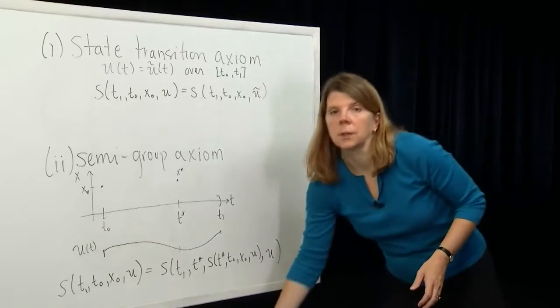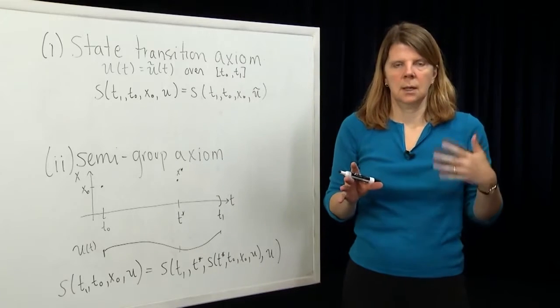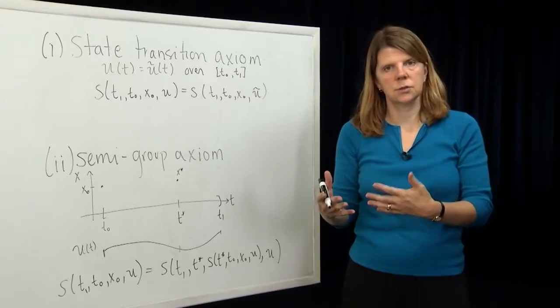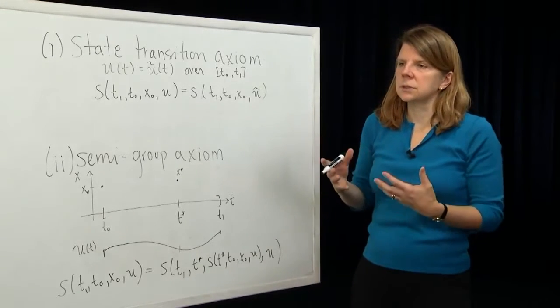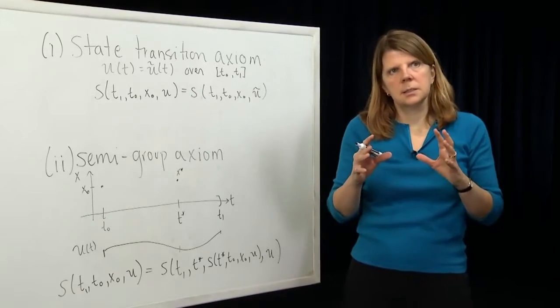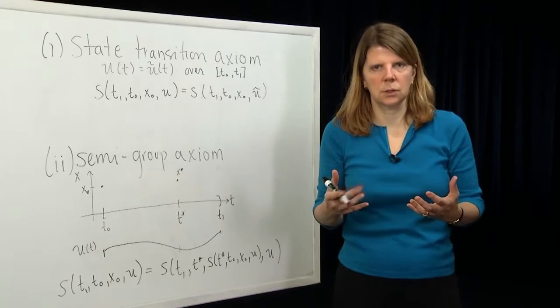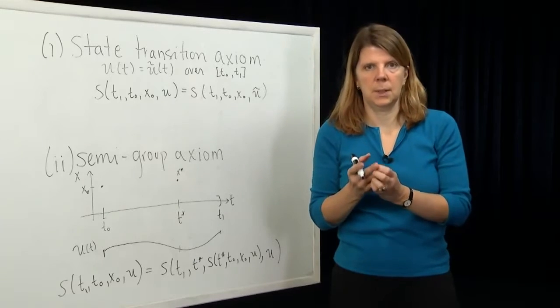Okay, so in summary, we have a dynamical system defined in terms of 5 objects: an input space, a state space, an output space, a state transition function, and a readout map. We can think about the state transition function, in terms of what we've done with differential equations, as being the solution or some representation of the solution of that differential equation, where the initial state, the initial time, and the input have been made specific.